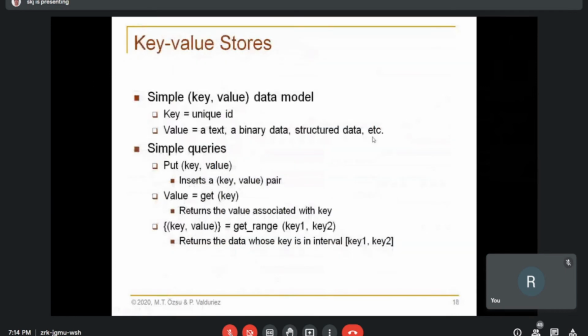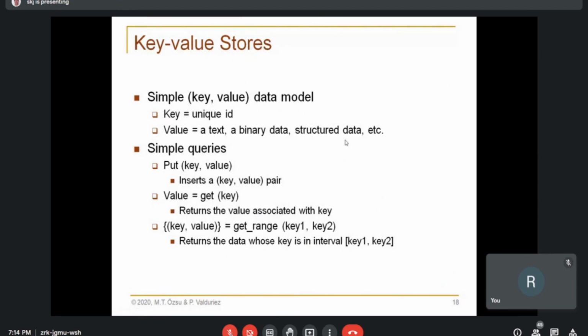Now, a key value store simply has a simple key value data model. There is a unique key, and the value can be text, binary data, structured data, anything. So we store data as key value pairs, and the key and value can be any of these things.